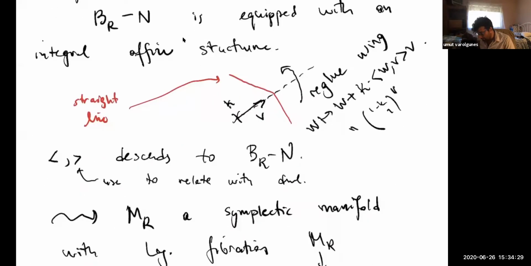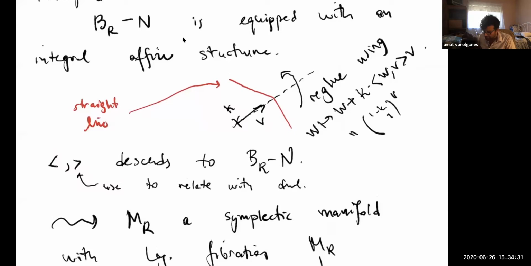Okay, and that's done by making a cut and then regluing the cuts using this linear transformation here. This linear transformation, you've probably seen it as this matrix. It's a more invariant way of writing the same thing.